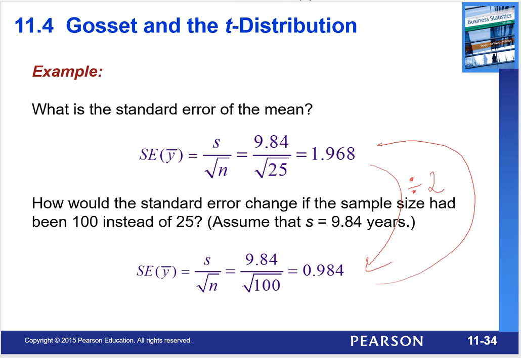Or if you take this and double it, it looks like I wrote 0.2. Aha! Why? Well, I'm doing a square root. How many times does 25 fit in 100? 4 times. Take the square root of 4, you get 2. That's really what's going on. And it's in the denominator, so it's like you're dividing by 2.